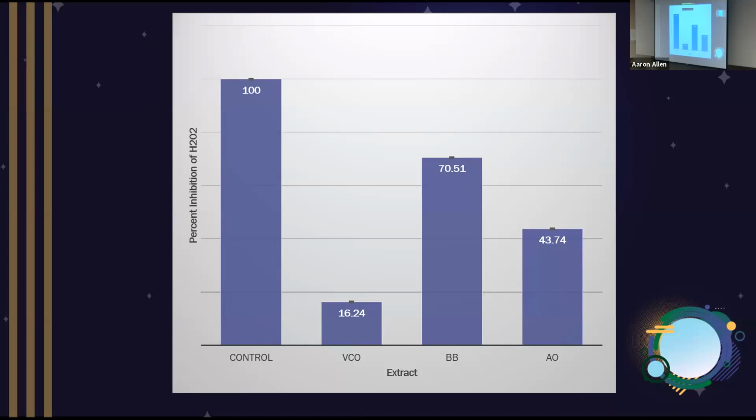What this means is that the hydrogen peroxide is usually formed after the free radicals form. So virgin coconut oil is not good at reducing oxidative stress after it's already happened. It has to be before, and it's more of a preventative type of method.